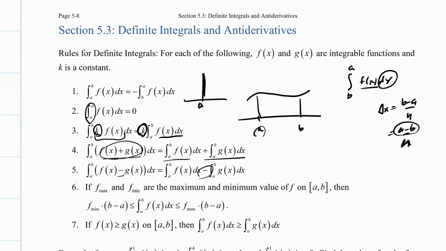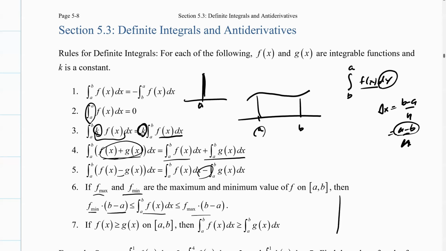Okay. This next one, f max and f min are the maximum and minimum values of f on [a, b]. If that's the case, f min times b minus a has to be less than or equal to the integral, which has to be less than or equal to f max times b minus a.